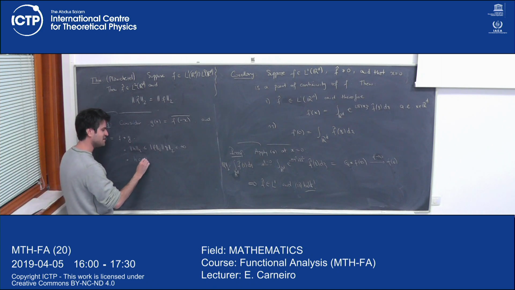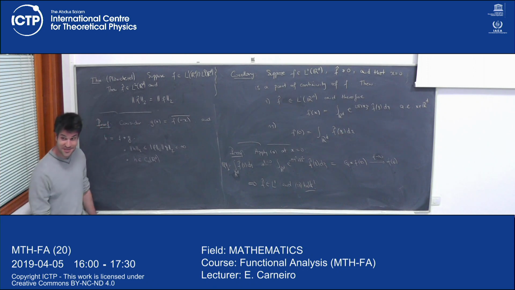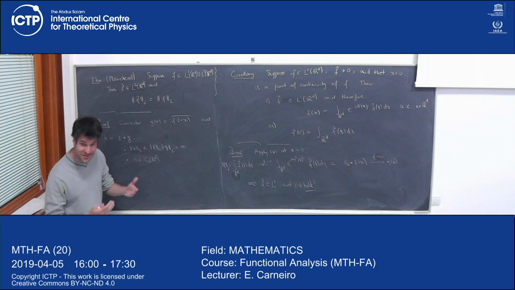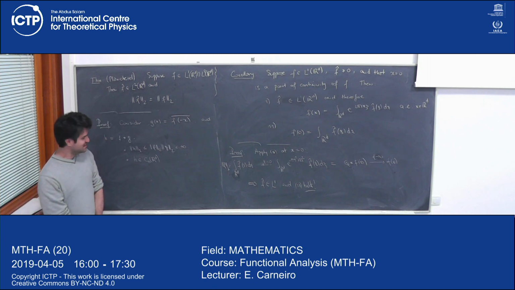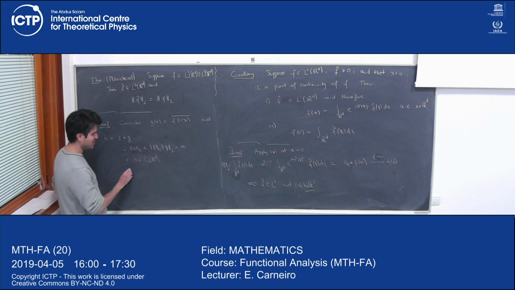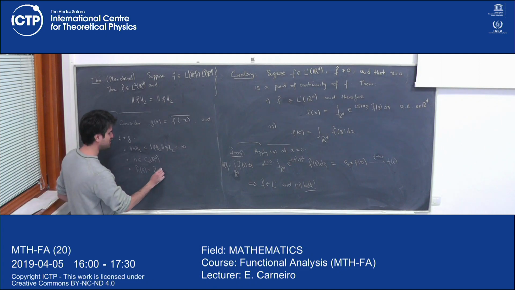So h is a function that decays at infinity, and it's a continuous function. The exercise in your exam was just to prove that it's continuous, but it also goes to 0 at infinity. So h is not only an integrable function, but it's continuous and goes to 0 at infinity. Good! What else? What is the Fourier transform of h? It's the product of the Fourier transforms, right?